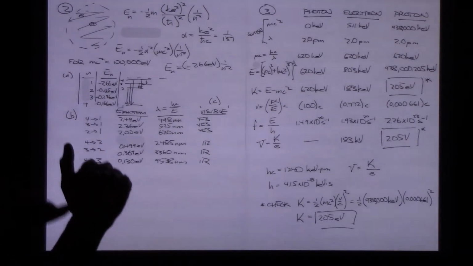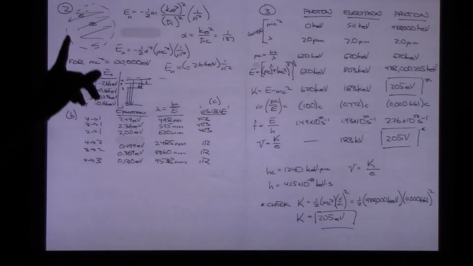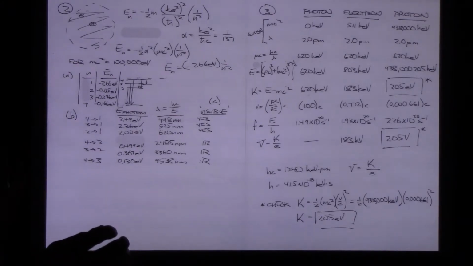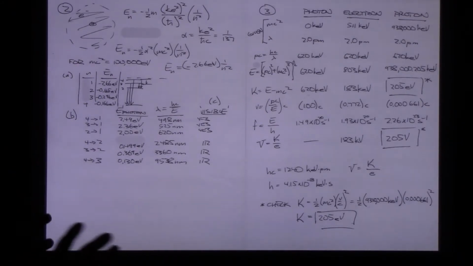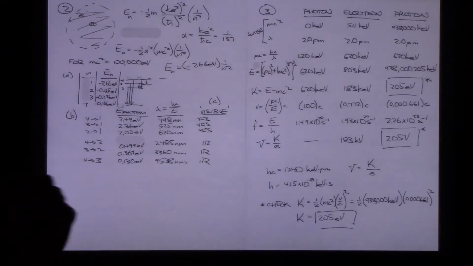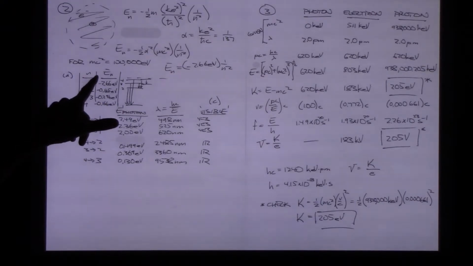If the proton and electron mass were identical, this problem would be more complicated. Then we would have to consider the electron and the proton as both moving, and it would be more complicated to come up with the energy states for that electron-proton system. But that's not the case. We don't have to worry about it because the proton is still much more massive.